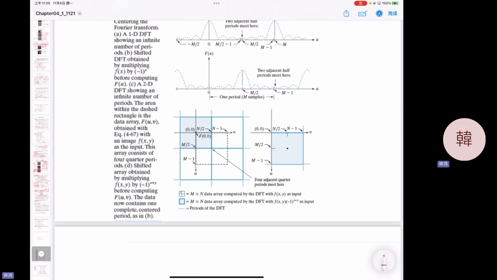We call it the ring effect at the boundary. The discontinuity difference causes some ring effect at the corner, and it's not ideal anymore. The discrete Fourier transform also has this small ringing effect at the boundary.